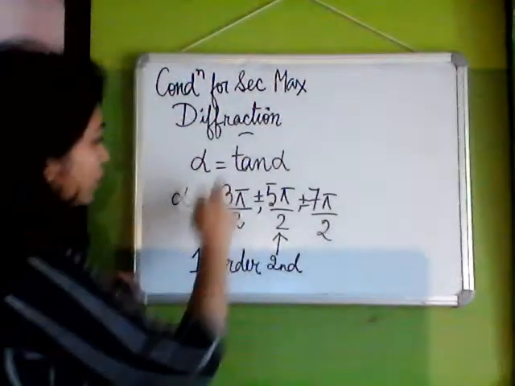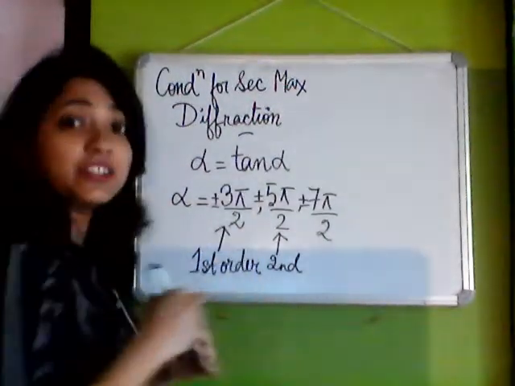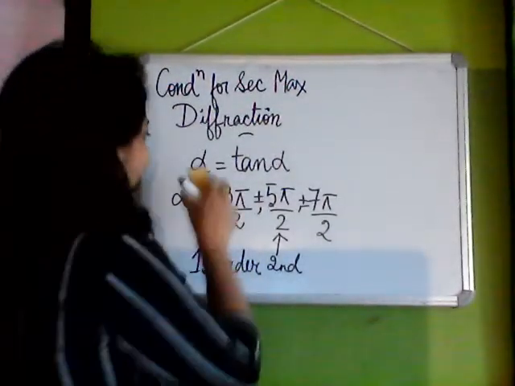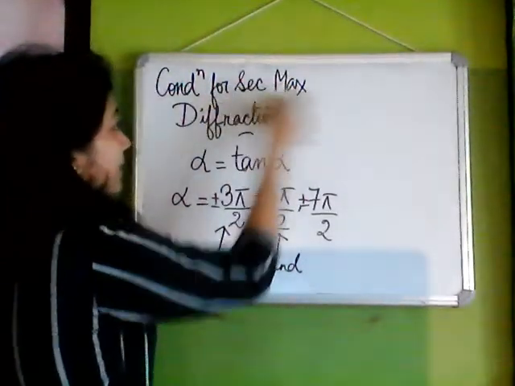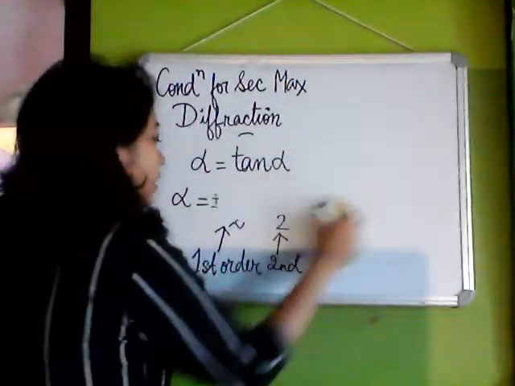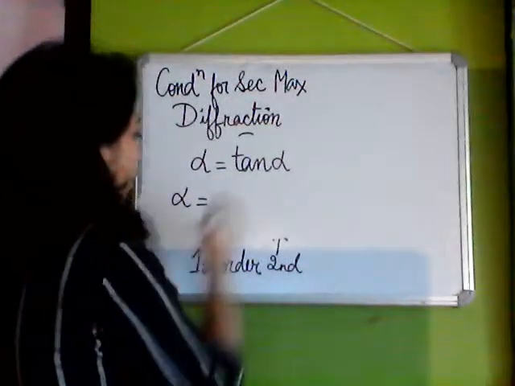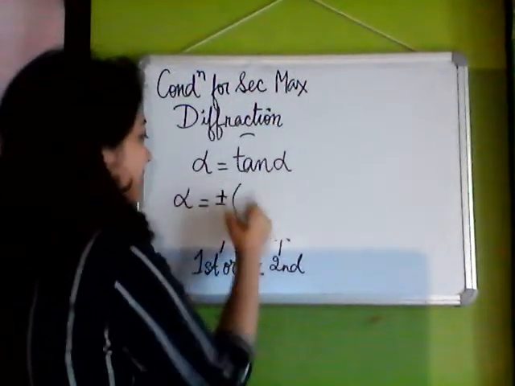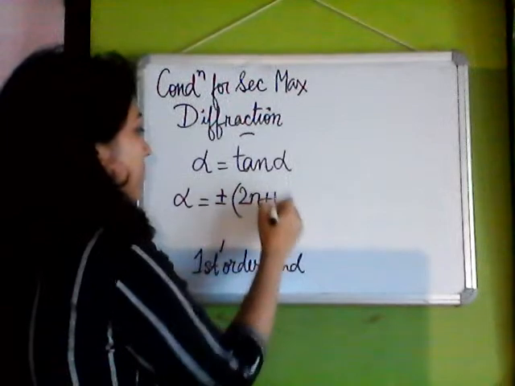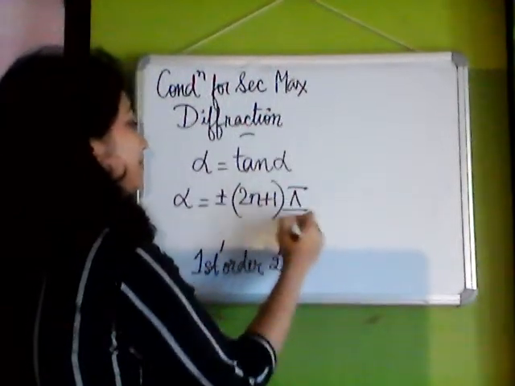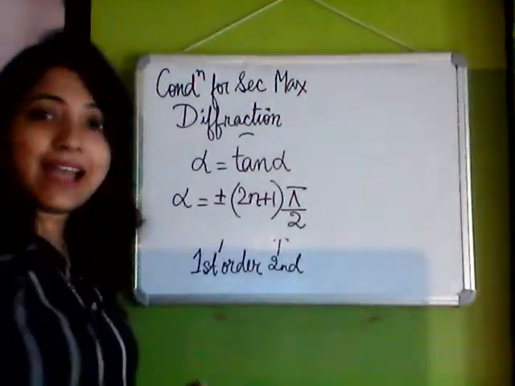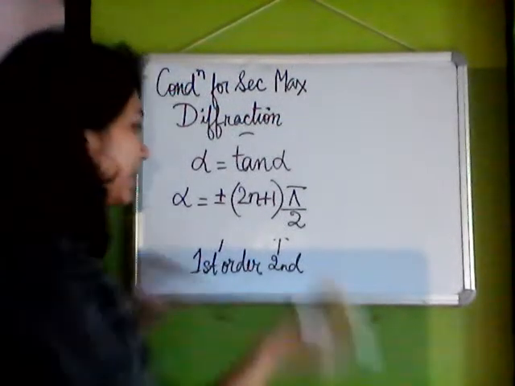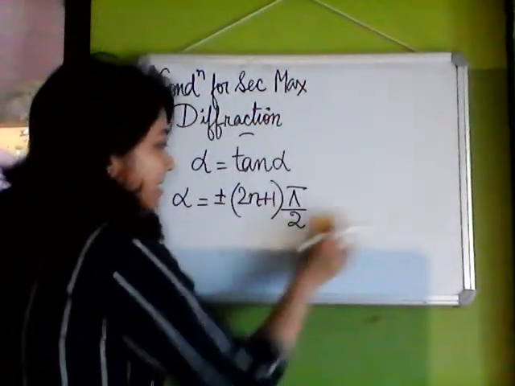Now, if I want to summarize this and write it like a general formula, what will I write? That I am going to get the secondary maxima of diffraction for all values of plus minus twice n plus 1 pi by 2. I hope all of you are able to relate with this general formula.